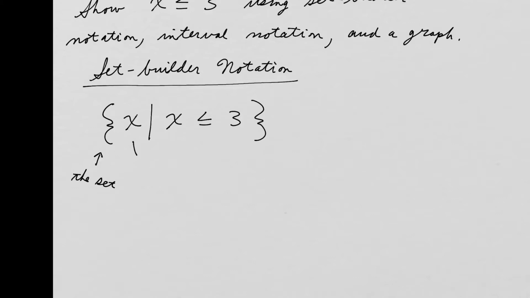You can think of the x as meaning of all x. The vertical bar here you can read as such that. And then the rest of it after the vertical bar, this is the condition, right? So this would be the inequality part.